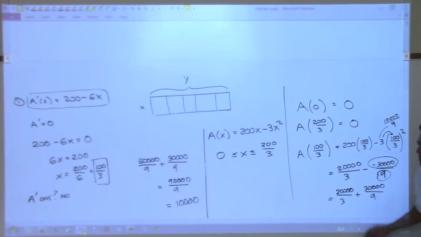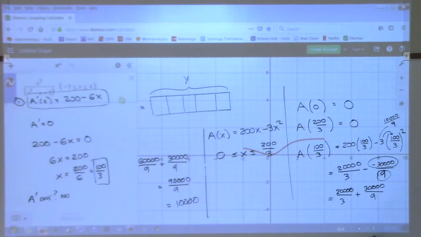Well, you know what? There's no sense in us talking about it. Let's just graph it. We can do that pretty easily. What was the original function? 200x minus 3x squared. And we are doing this on the interval 0 less than or equal to x less than or equal to 200 over 3.